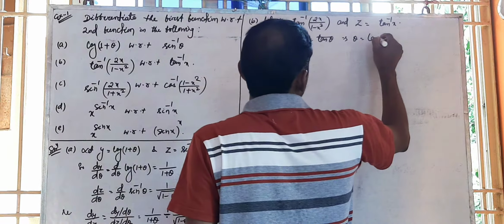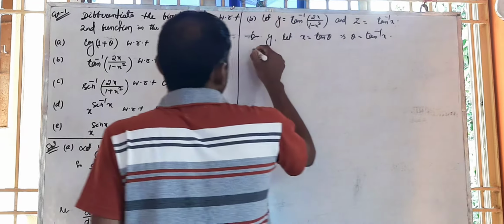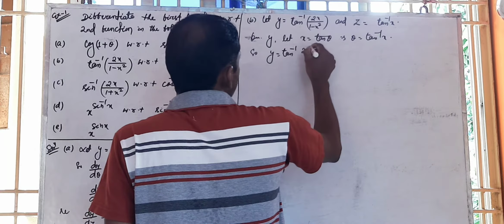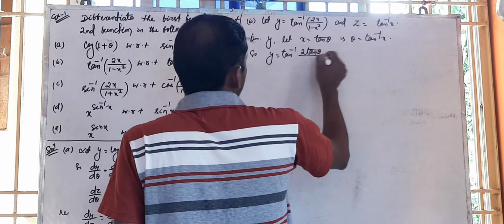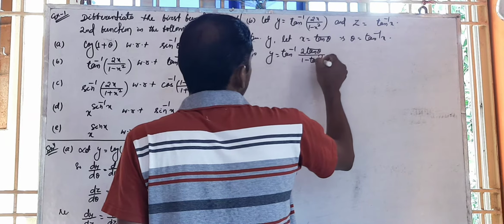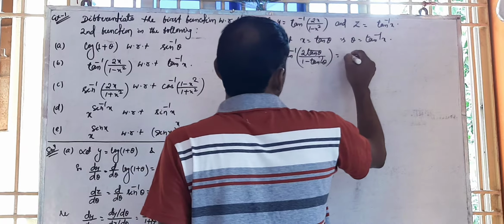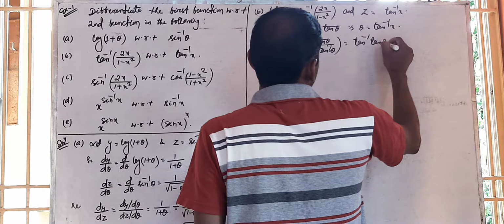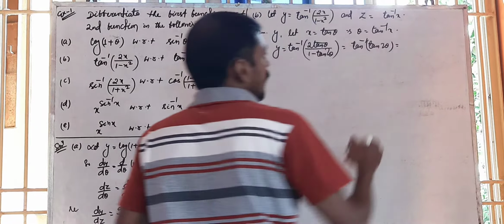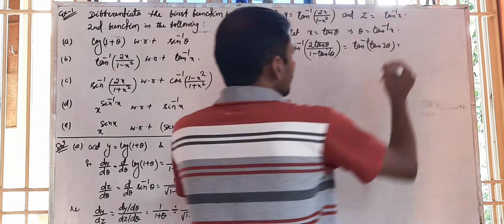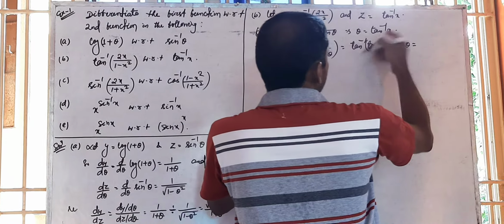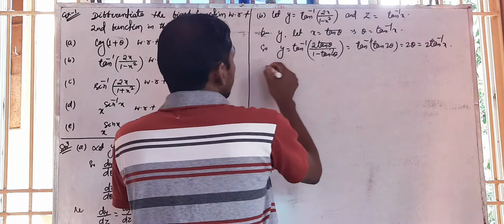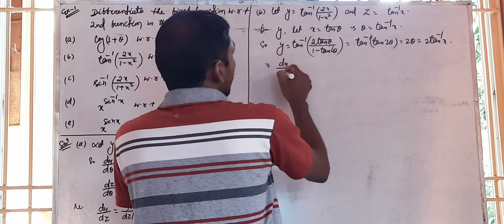So theta will be equal to tan inverse x. So y equals tan inverse of 2 tan theta by 1 minus tan square theta. And this is the formula of tan 2 theta. So tan inverse of tan 2 theta will become 2 theta. And what is theta? Tan inverse x. So this is y.